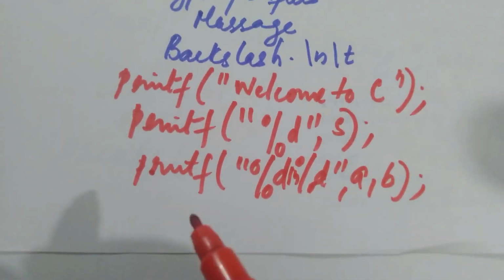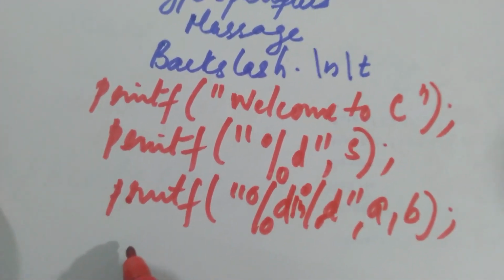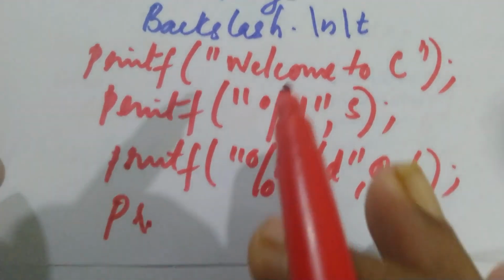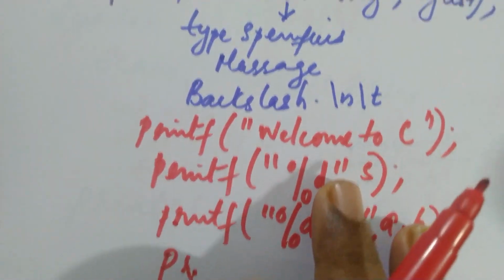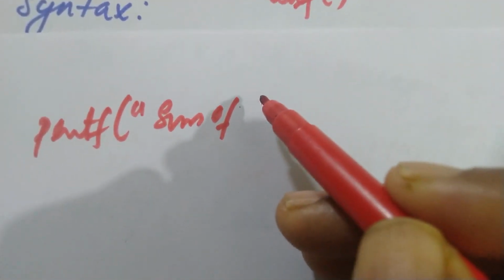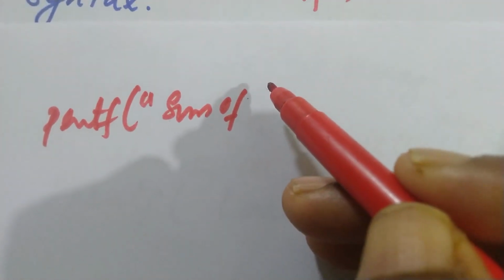And if you are planning to print a message and data, printf, sum of 10 and 20 is 30. I have to print like that.